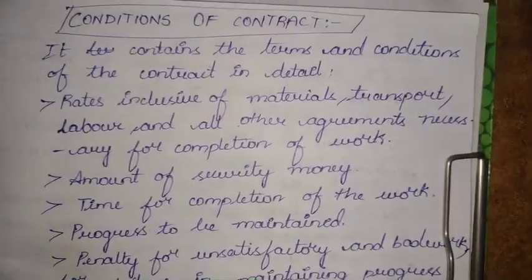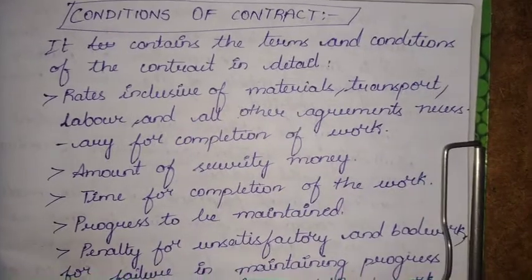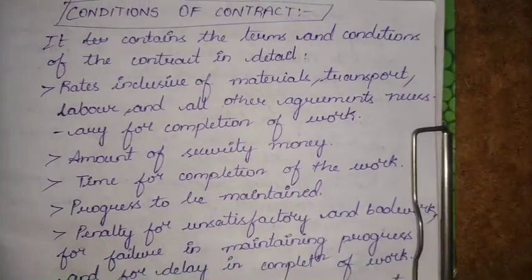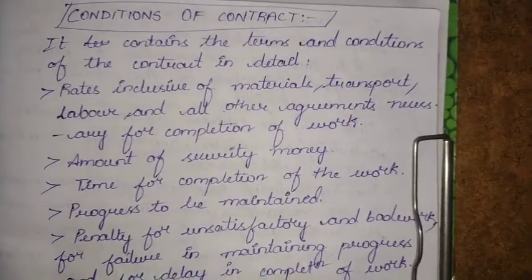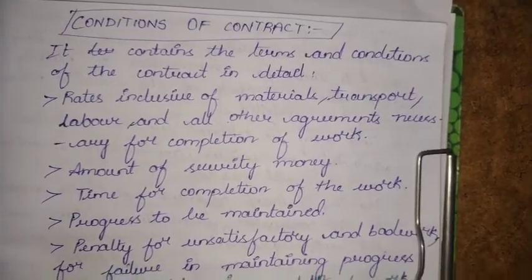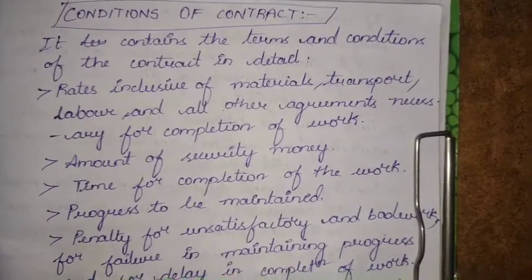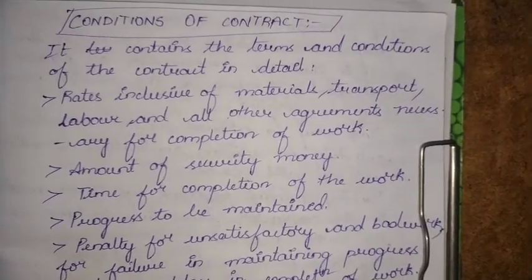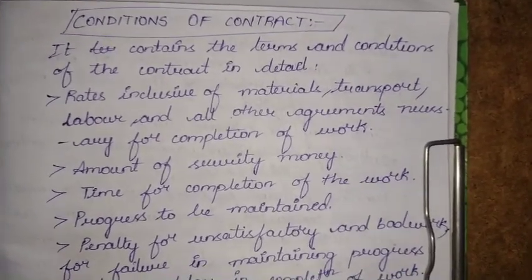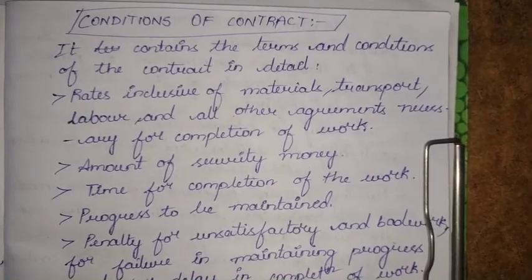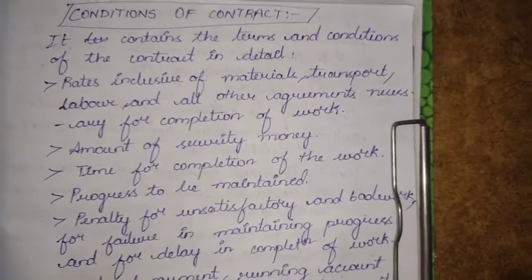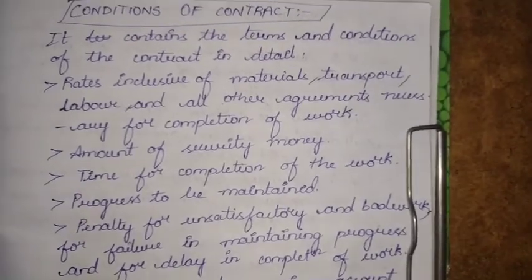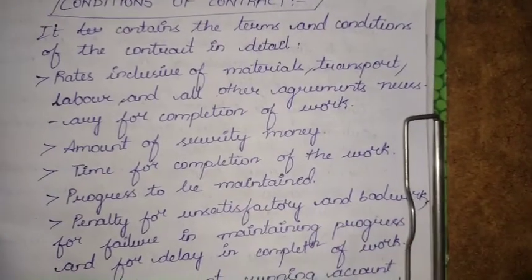Coming to this video, we are discussing conditions of contract and also the general conditions of contract. If conditions are to be discussed, it includes the terms and conditions of the contract. All the terms and conditions based on which the contract has been accepted will be given in this.